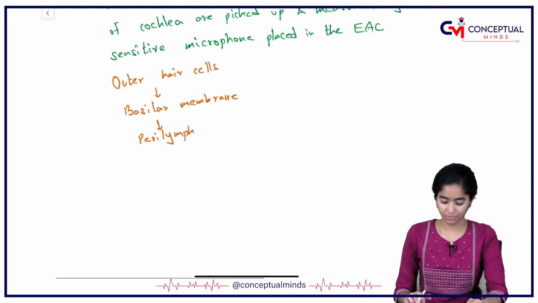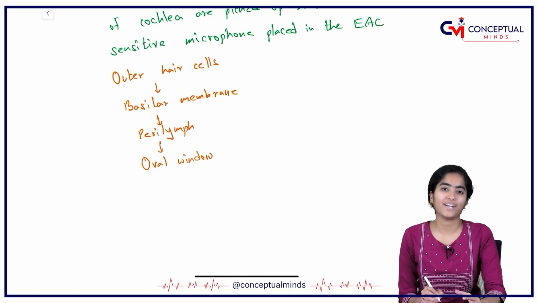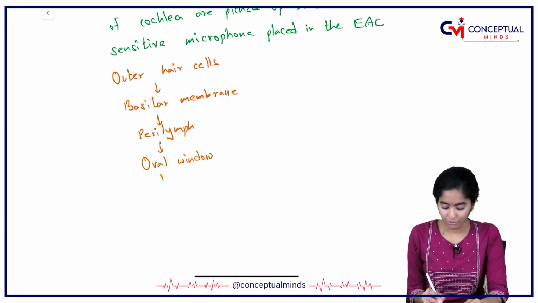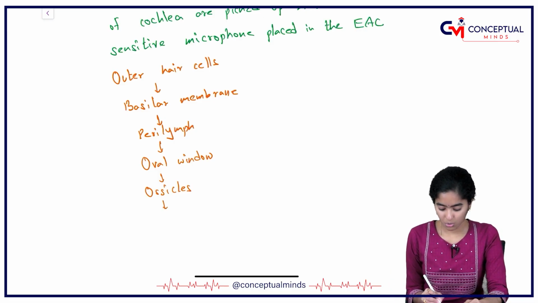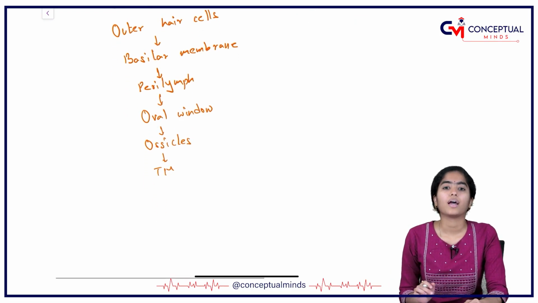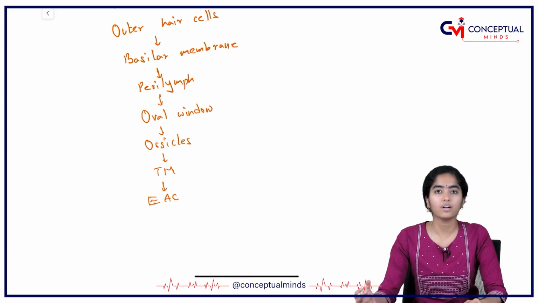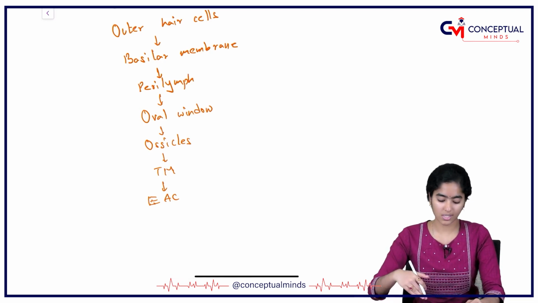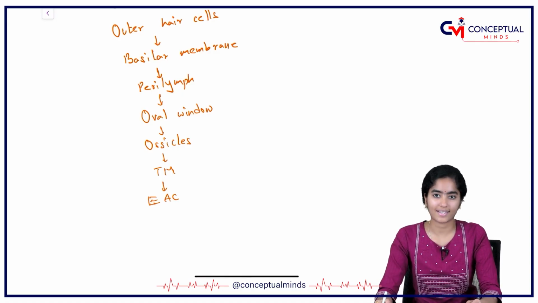From the perilymph, it strikes the oval window, where the footplate of stapes is held. From there it travels via the middle ear ossicles, and then it strikes the tympanic membrane, and finally it comes into the external auditory canal where it is picked up by our microphone that we have placed. So this is the reverse pathway of sound, the sound that is produced by the outer hair cells.